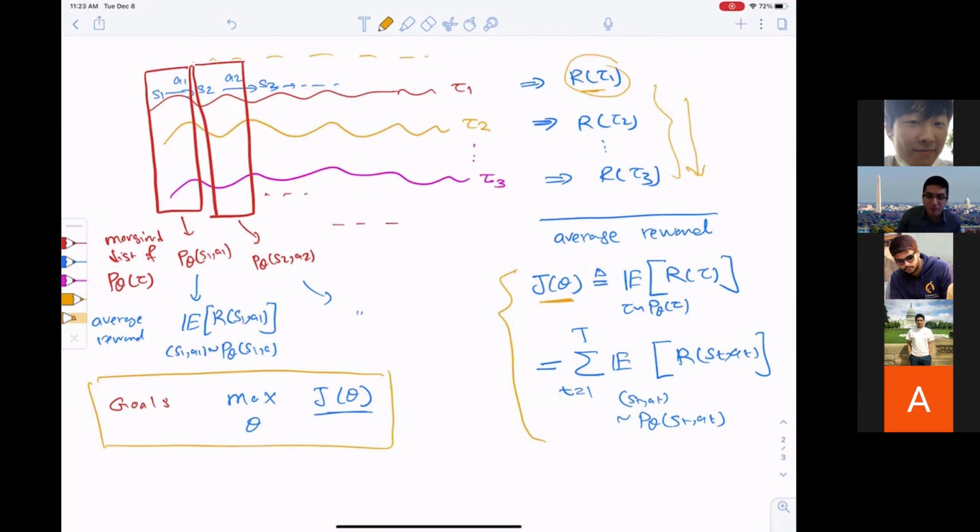Is there an upper bound on the number of trajectories in the marginal distribution for calculating J of theta? So that's a great question. Hold on that thought. I'll talk about that in a minute. Any other questions? Is the formulation clear?